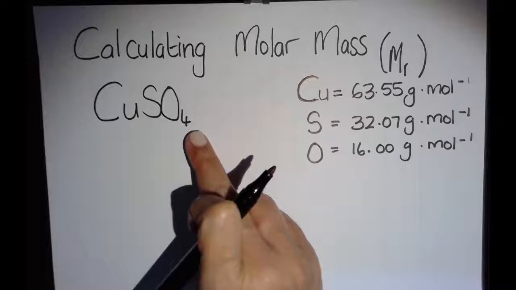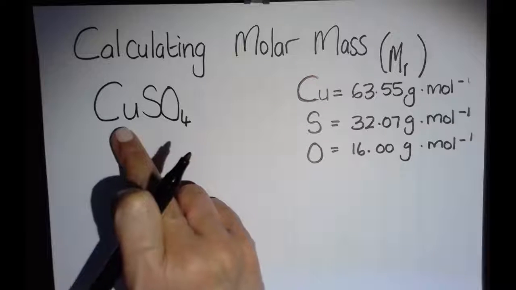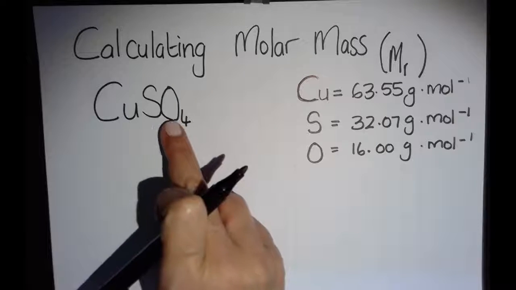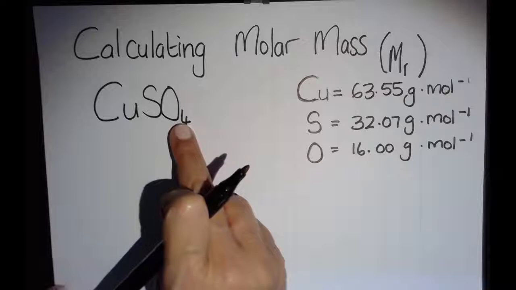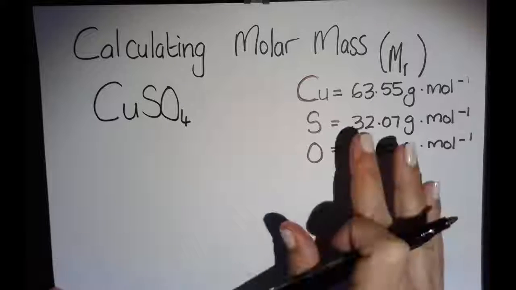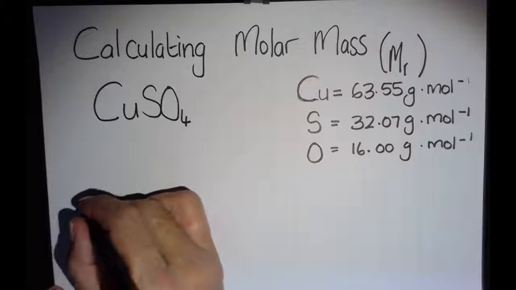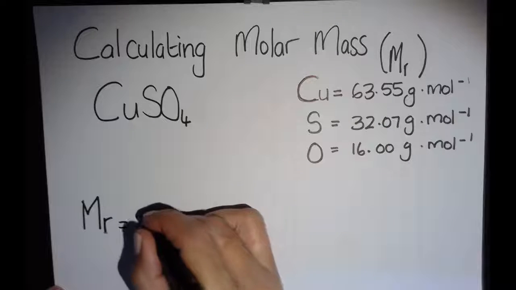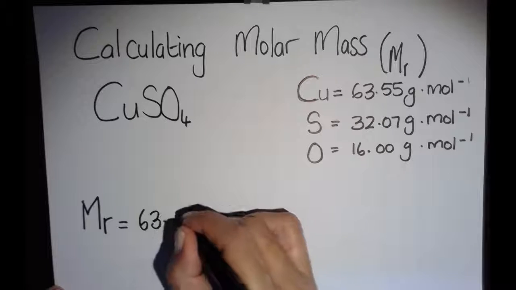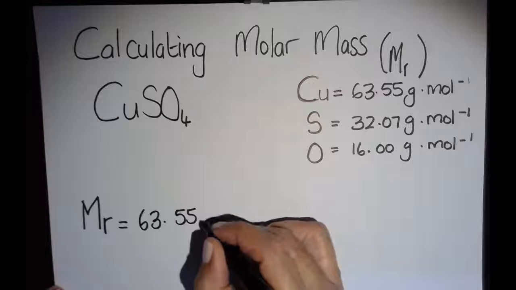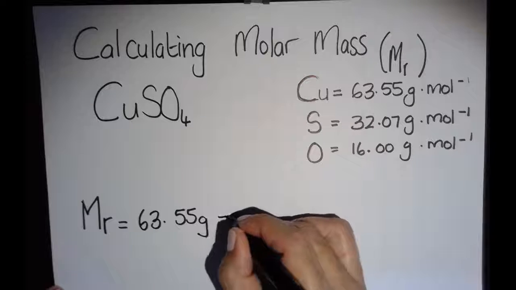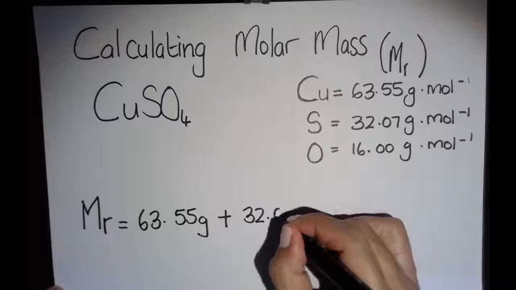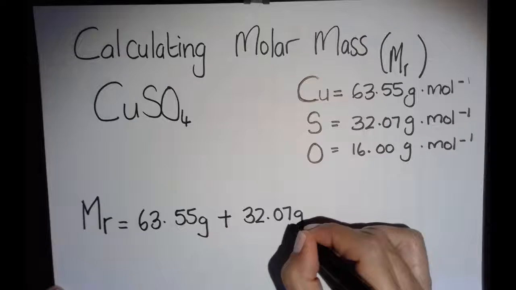In my formula, I can see that I have 1 mole of copper, 1 mole of sulfur, but 4 moles of oxygen. So therefore, when I add them together to get the relative atomic mass, I'm going to take 1 copper, which is 63.55 grams. I'm going to add it to 1 mole of sulfur, which is 32.07 grams.